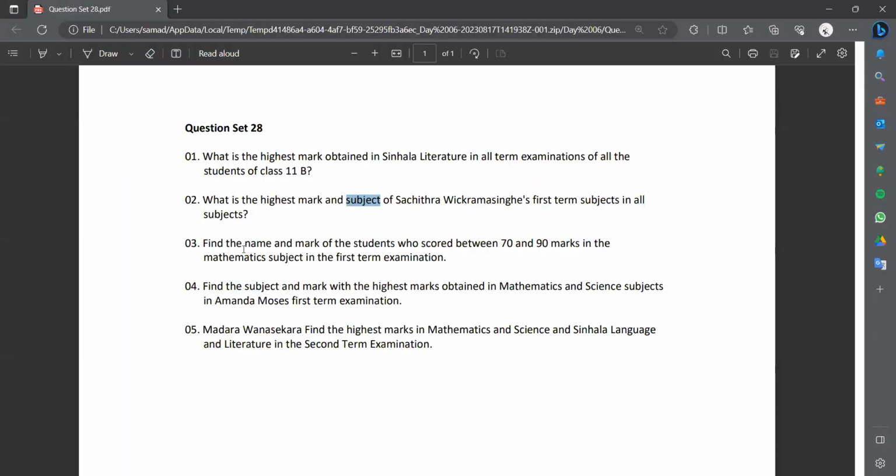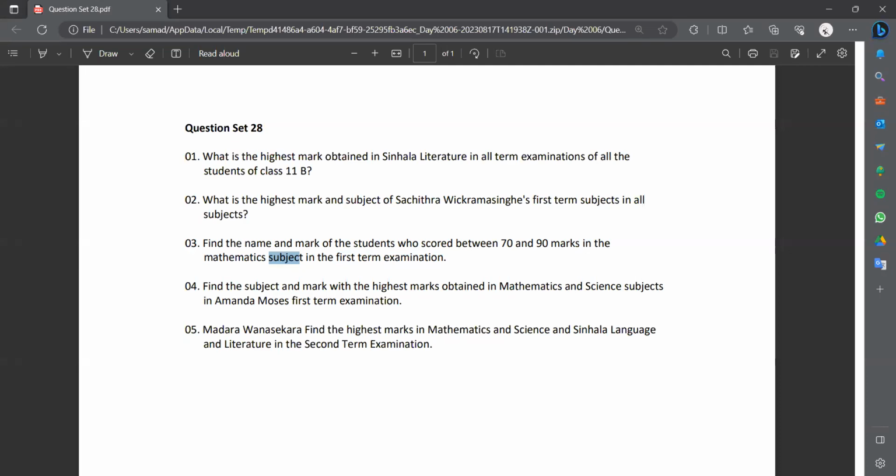And the third one: find the name and mark of the student who scored between 70 and 90 marks in the mathematics subject in the first term examination. They are asking about name and mark. We need our term table and subject table.